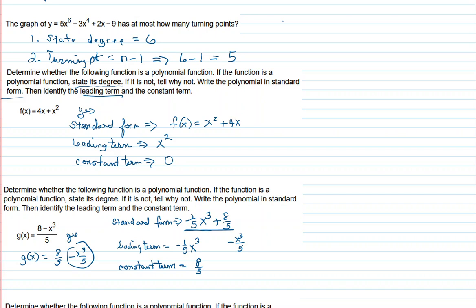So here it says, determine whether the function is a polynomial, and if so, state the degree. If not, why? Write the polynomial in standard form, that means in descending order, then identify the leading term and the constant term. Now, we talked about in class on Tuesday that the constant does what?